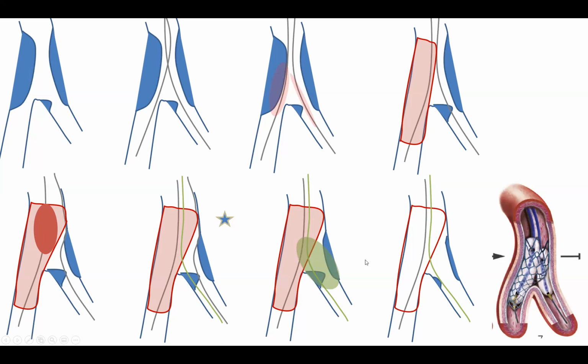After that, you absolutely need to finish with a kissing balloon inflation, where you advance another balloon in the main branch, sized to the distal vessel, again according to fractal law, so that the summation of both balloons gives you an appropriate size in the main branch.